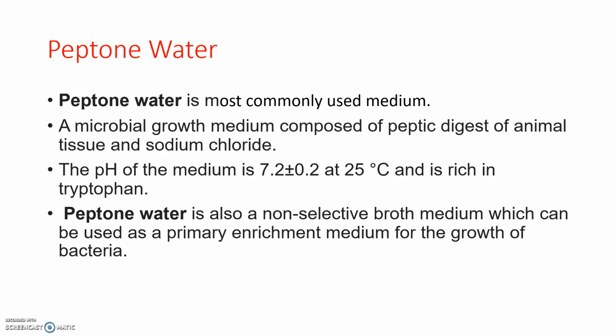It is a microbial growth medium composed of peptic digest of animal tissues and sodium chloride. The pH is 7.2 plus or minus 0.2 at 25 degrees Celsius.